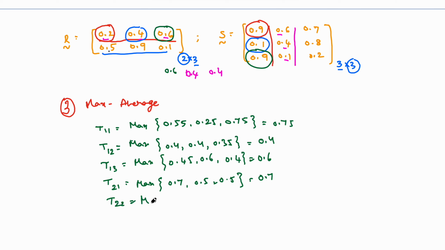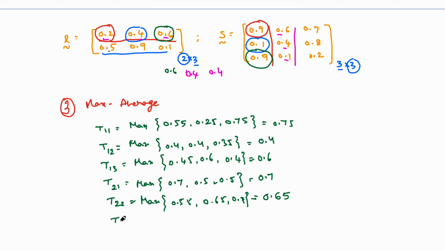T22 is equal to the maximum of 0.5 and 0.6 is 1.1, so it is 0.55, and 0.9 and 0.4 is 1.3, so it will be 0.65, and 0.1 and 0.1 is 0.1 only. So it will be equal to 0.65.